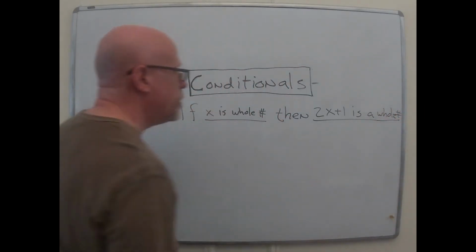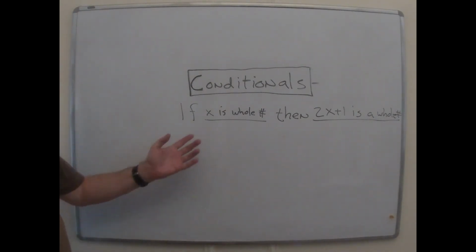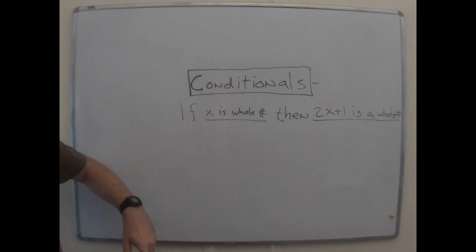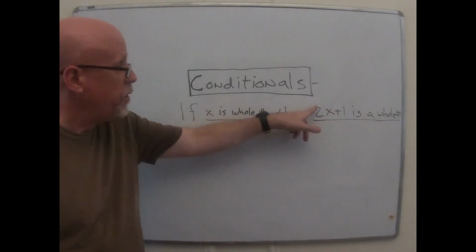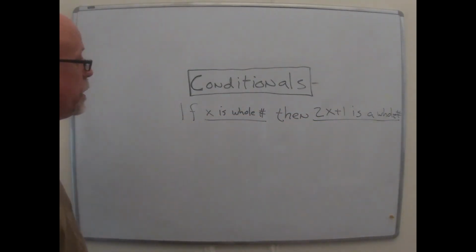I'll extend my blank a little bit. So it depends, right? For some values of x, this thing will be true. But the one I've got right now happens to actually be universally true. If I have something that's got nothing after the decimal point, and I do these operations, double it and add 1, I'm going to have something with nothing after the decimal point again. So this is universally true.